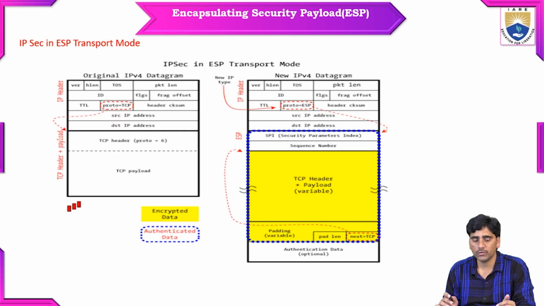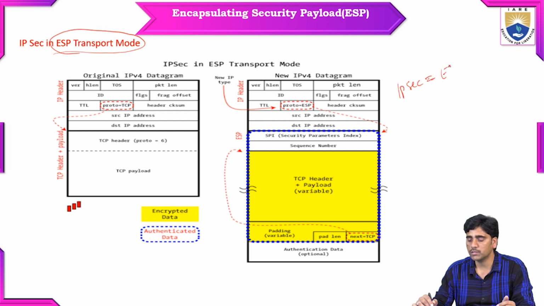And here we can see IP secure in ESP transport mode. We already said that IP secure is nothing but ESP plus internet key exchange plus authentication header, so authentication header plus ESP plus IKE. Here IP secure provides security service with ESP in tunnel mode or transport mode.